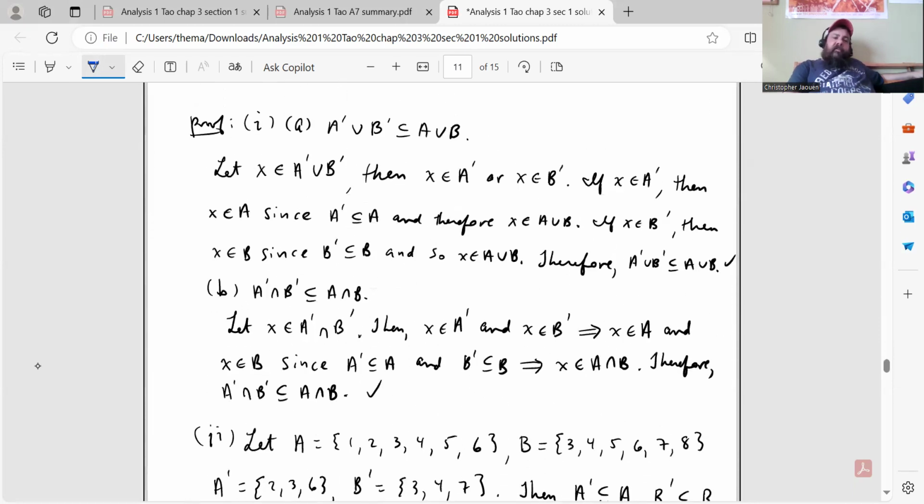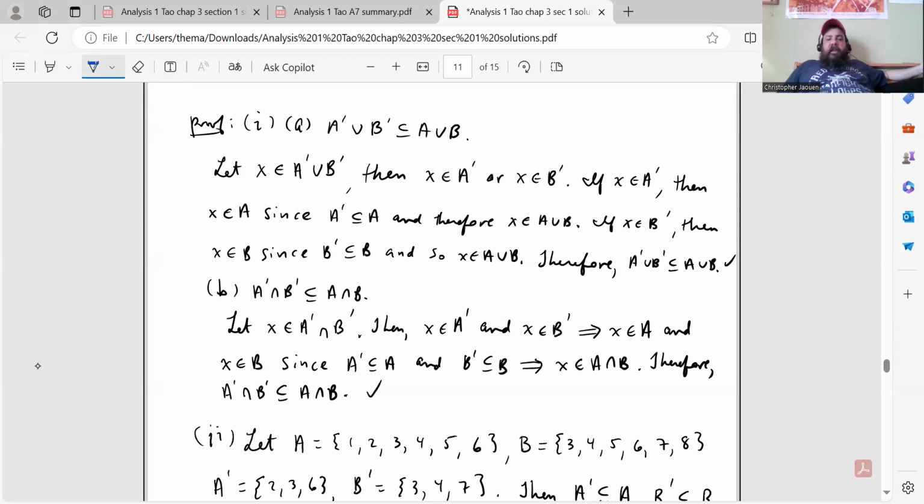All right, here's the proof of part one. So for part A, we want to show that A prime union B prime is a subset of A union B. We've already done similar proofs to this like a million times, so hopefully this should be pretty straightforward by this point. Let X be an element of A prime union B prime. Then by definition of union, that means X is an element of A prime or X is an element of B prime.